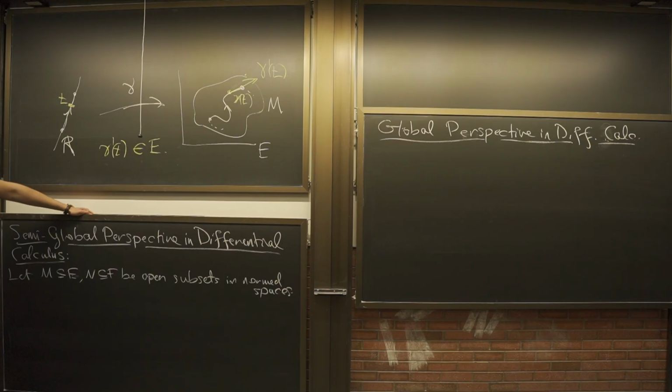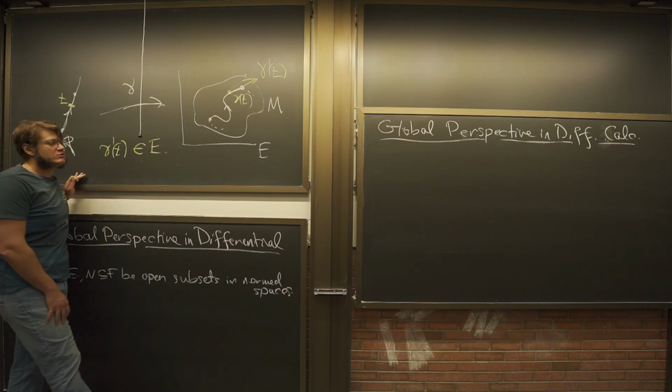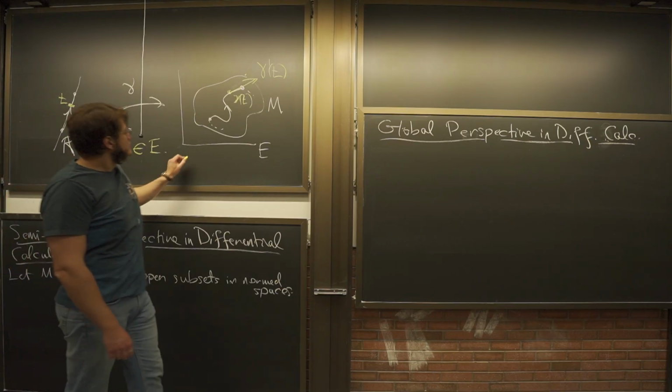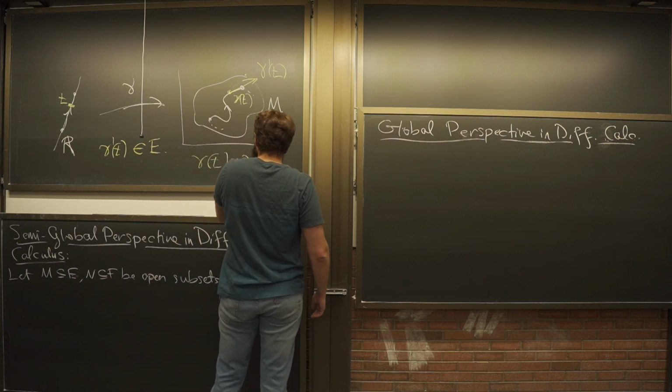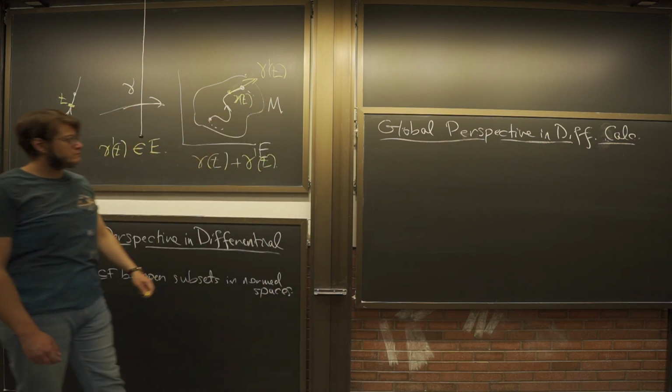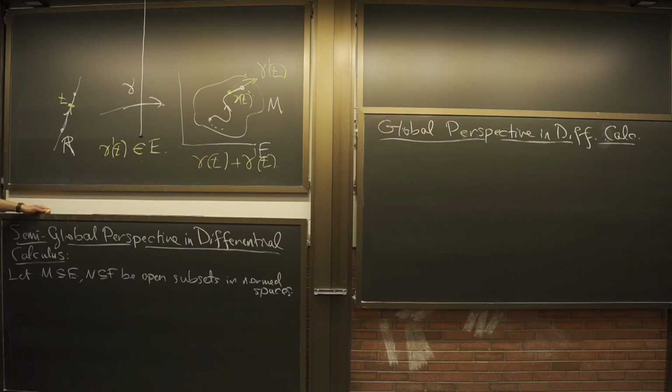But ultimately, this formalism allows me to do things like, well, technically, this makes perfect sense, assuming that gamma prime exists. But from a more intuitive point of view, gamma of t should be a position type quantity, and gamma prime of t should be a velocity type quantity. So you should not be able to add these up.